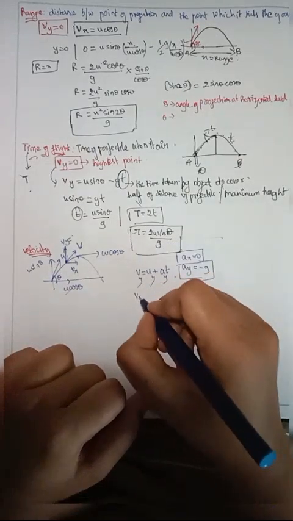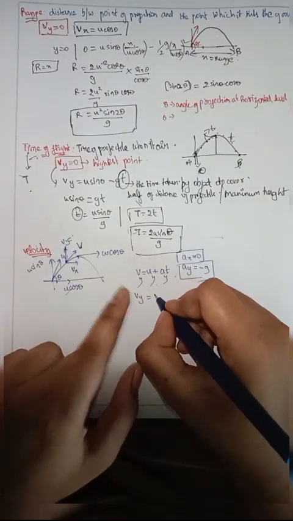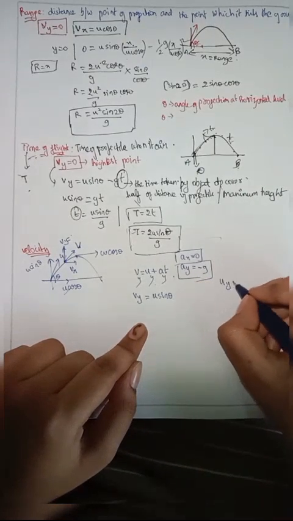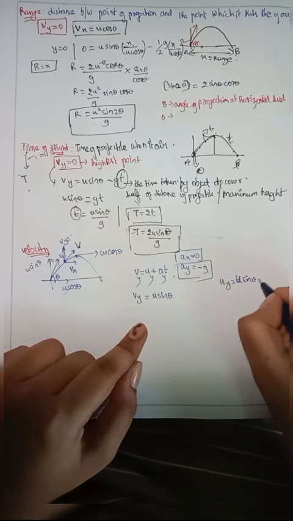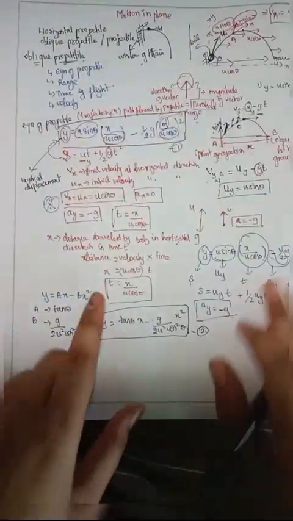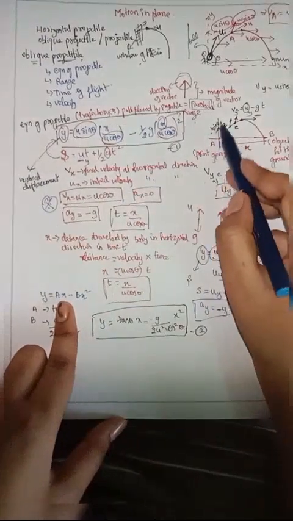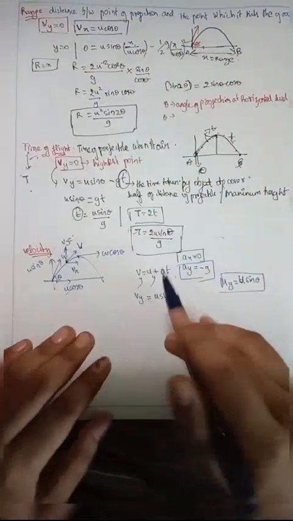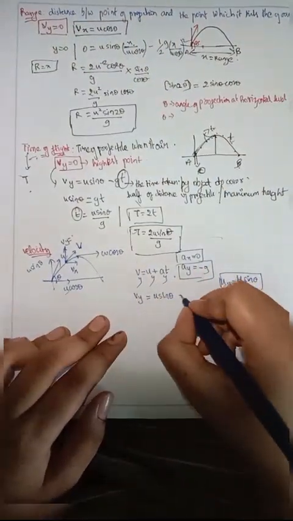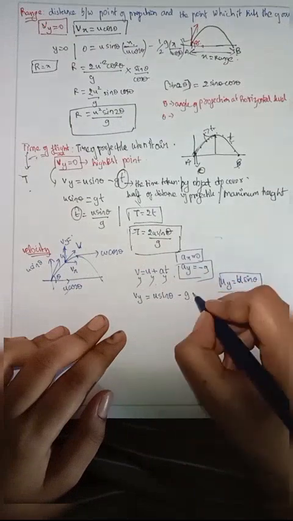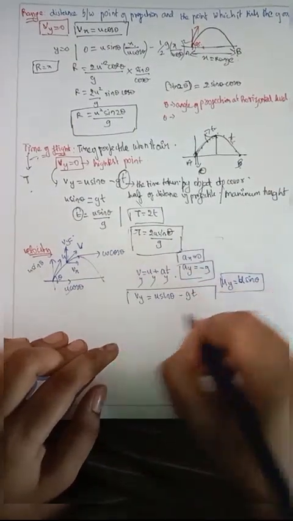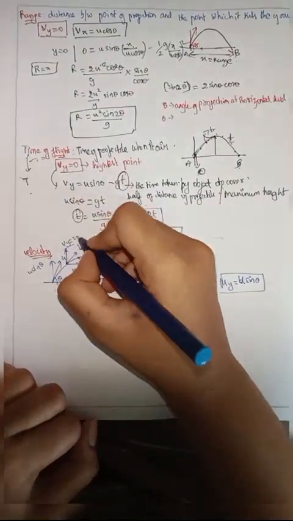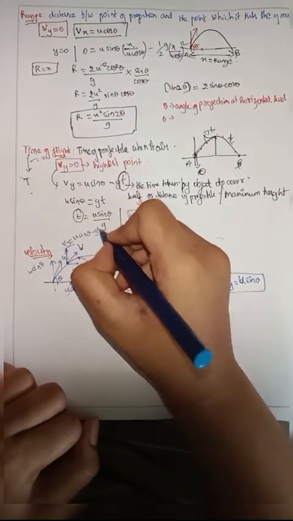If we substitute this in the equation, vy equal to uy, which you already know is u sin theta, plus ay, which is minus g. This is the equation at a time t. Here vy is nothing but u sin theta minus gt.